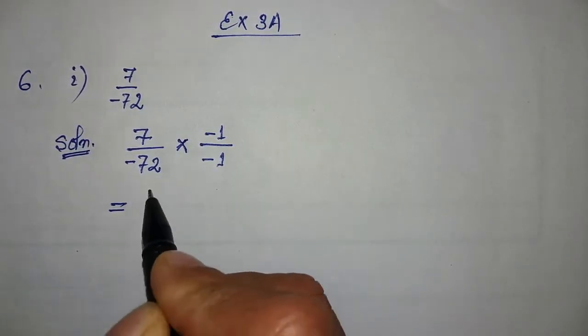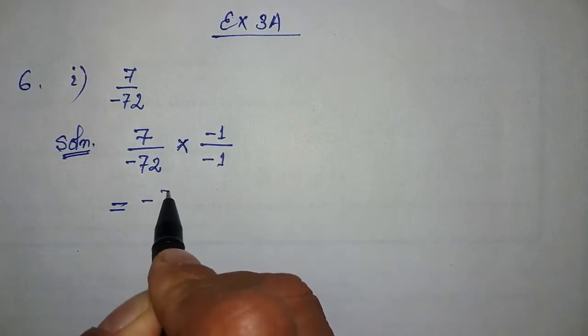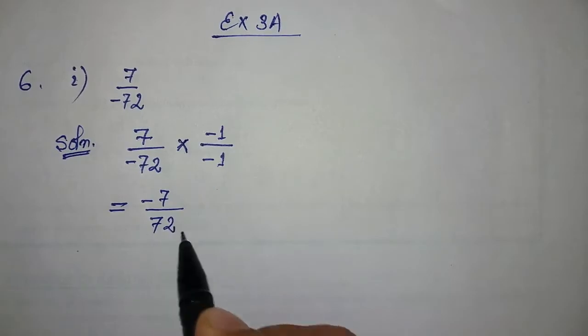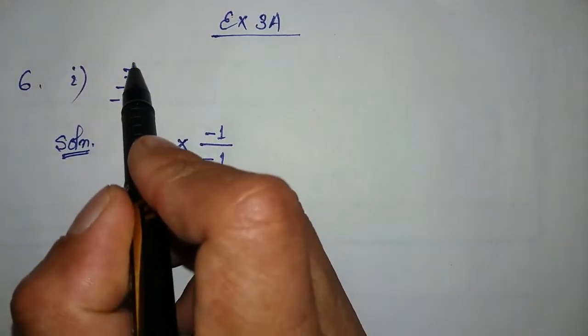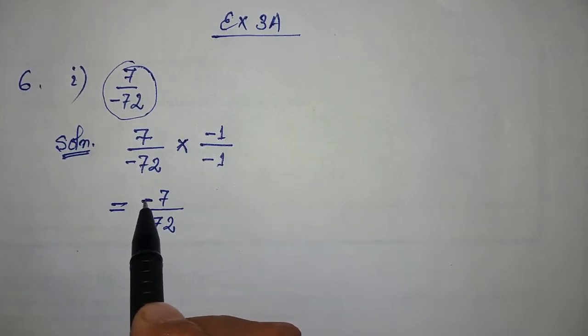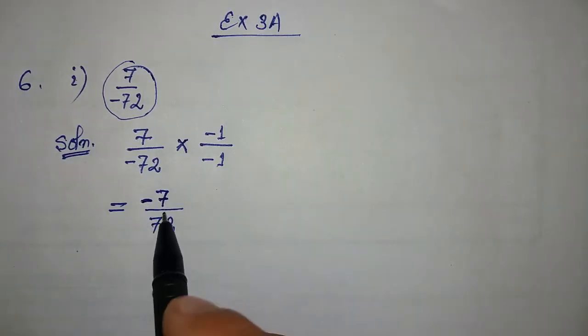Now 7 into minus 1 is minus 7, minus minus is plus 72. So we have converted 7 by minus 72 into a negative numerator. Now it has become minus 7 by 72.